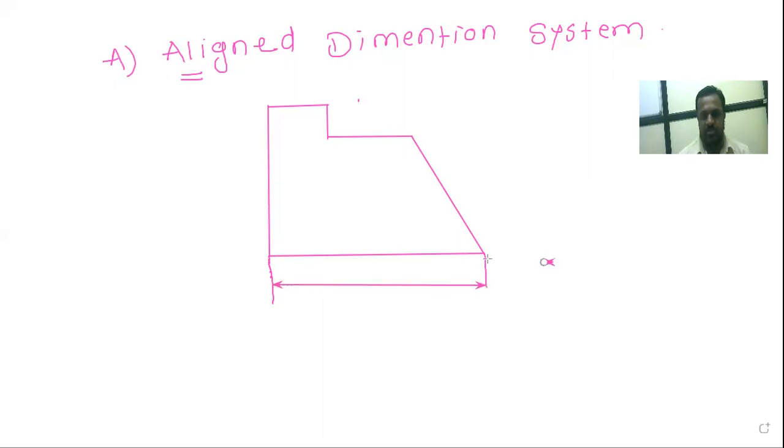See, this is called the extension line. Whatever line I have extended from this part is called the extension line. Okay, you have to remember this is called the extension line, and this is called the dimension line.